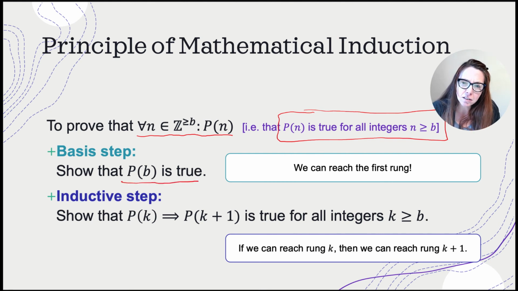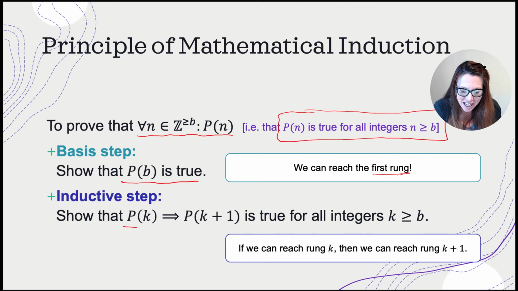Whatever that lowest integer is that we want this to hold for, we want to show that is true. This is showing that we can reach that first rung of the ladder. So if it starts 4 feet, 6 feet off the ground, we want to first show that we can reach that first rung, and then the second step, the inductive step, is to show that if we get to the ladder, we can keep climbing.